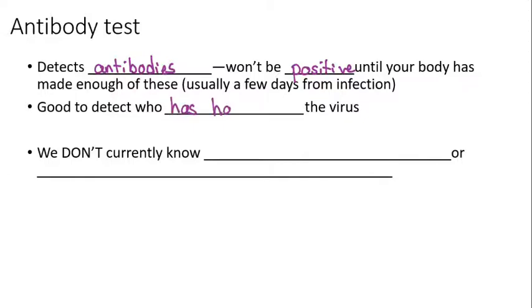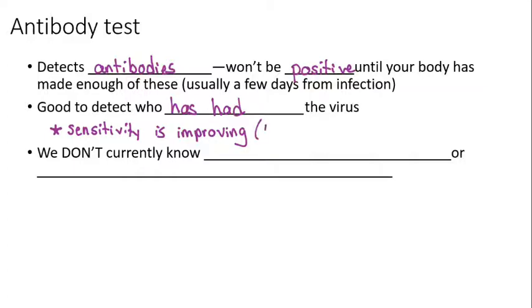These are good to detect who has had the virus because antibodies last longer than the virus does. So the sensitivity originally was questioned, but the sensitivity of these has improved. So what I most recently read is that the sensitivity is becoming a lot more robust than it was originally. So we have fewer false negatives.